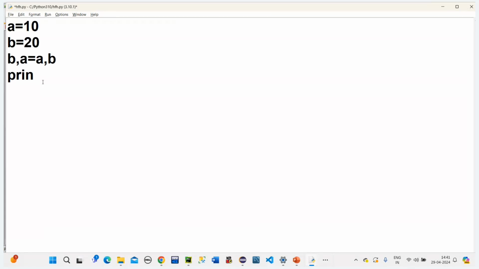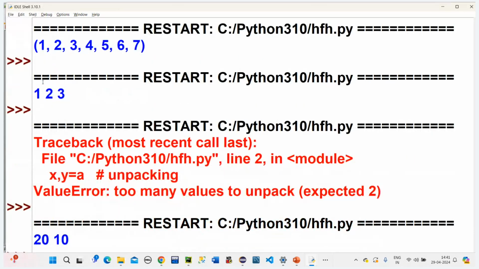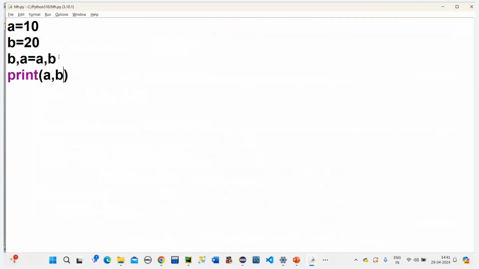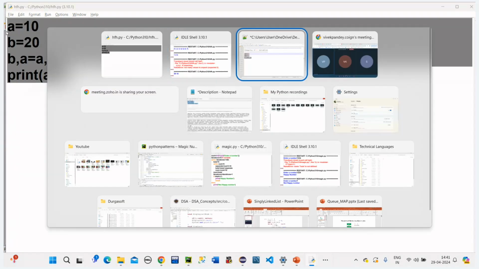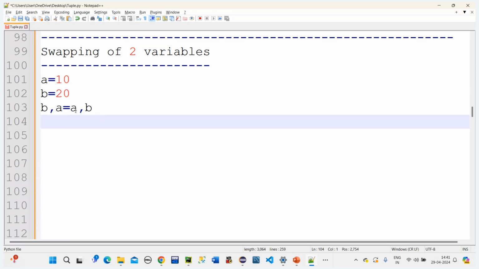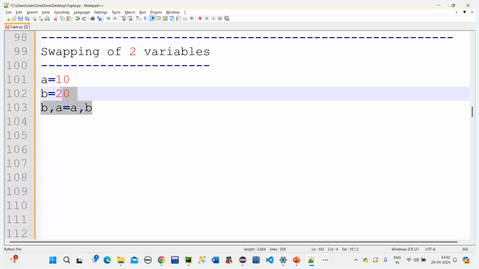Print A comma B. 20 comma 10. We got it. So it is perfectly working. How is it working? Because of the same principle of packing and unpacking.